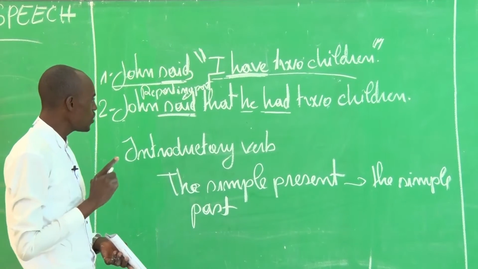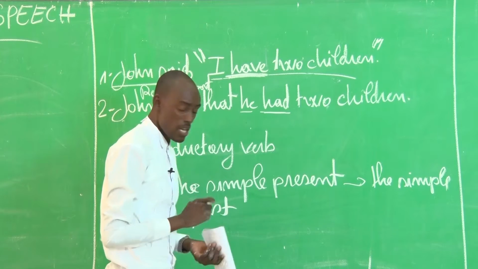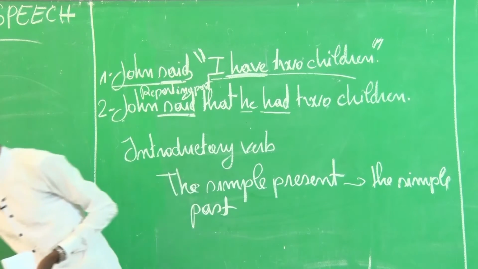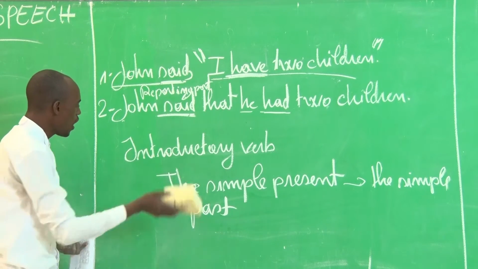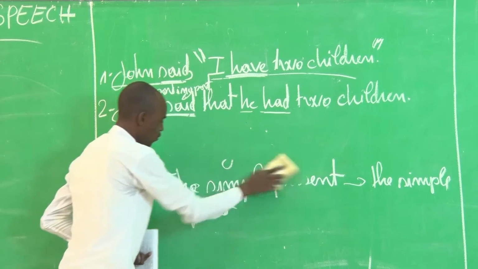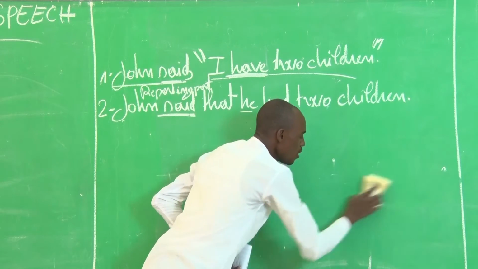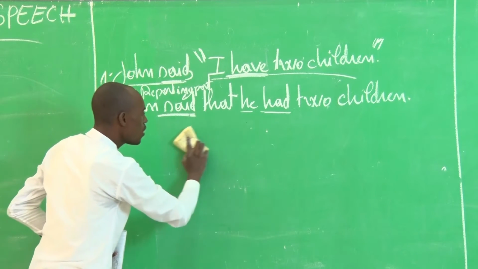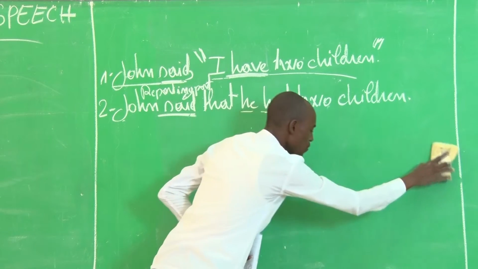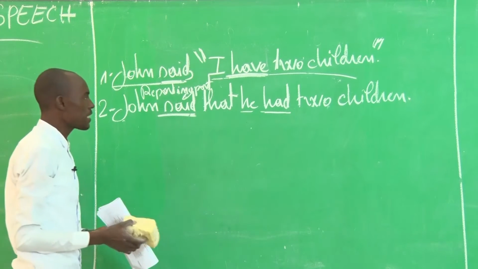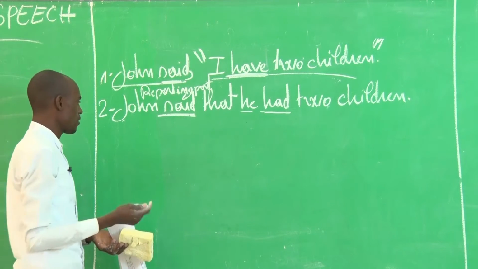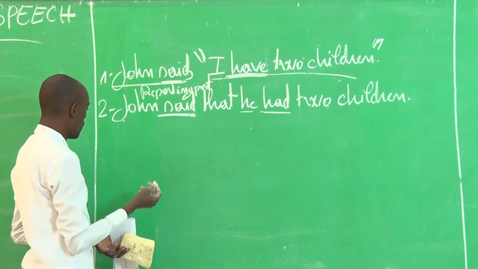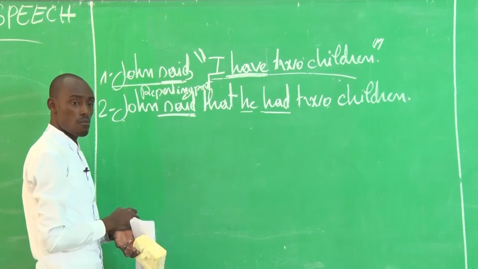Okay, it is what we saw last time. And I also remember last time we saw how to report an order. Let's take one example, with an order or in the imperative mood.